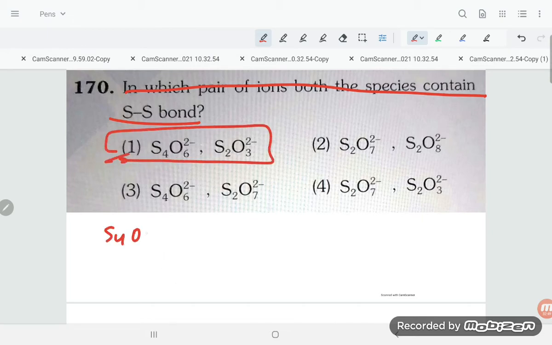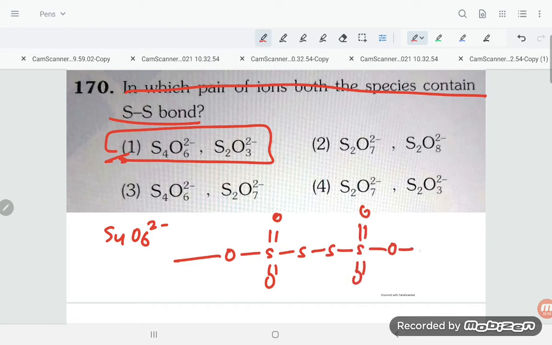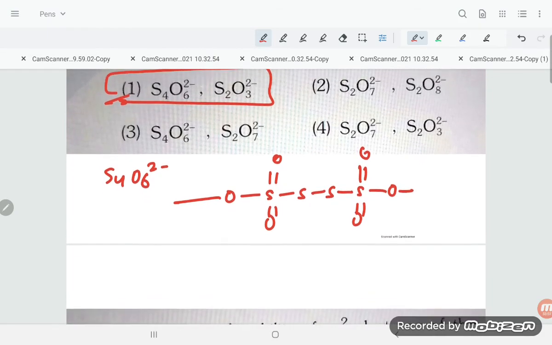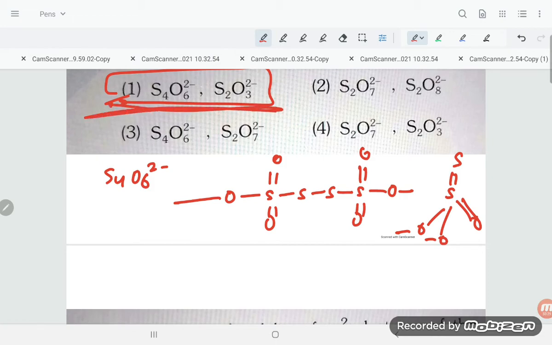If you talk about S4O6 2 minus, this is O minus here, then here will be sulfur double bond O double bond O. Here is S and here is S. Here double bond O double bond O. Another is S2O3, so S2O3 means S double bond S. Here is O minus, here is O minus double bond O. So this is our SS bond. That is option number 1 itself is correct, student.